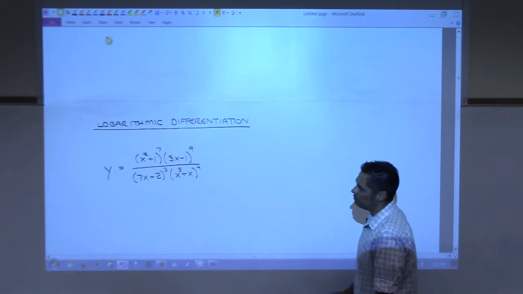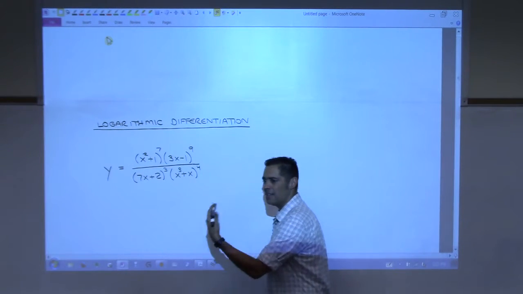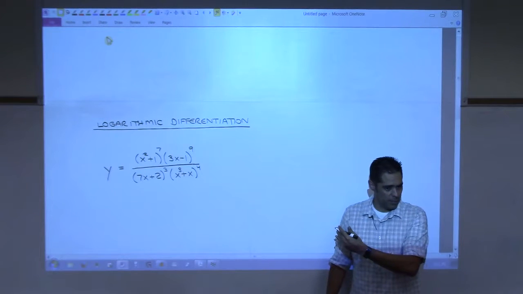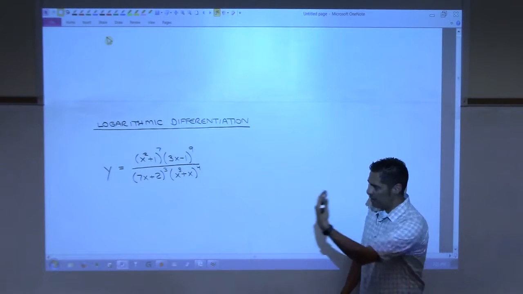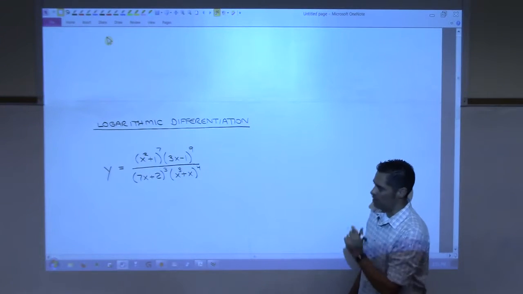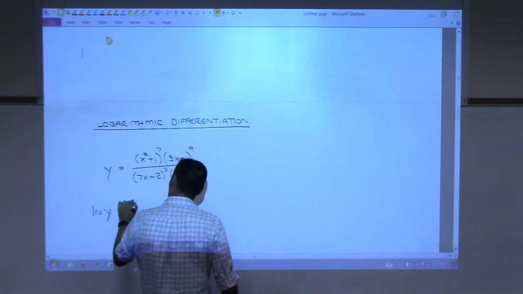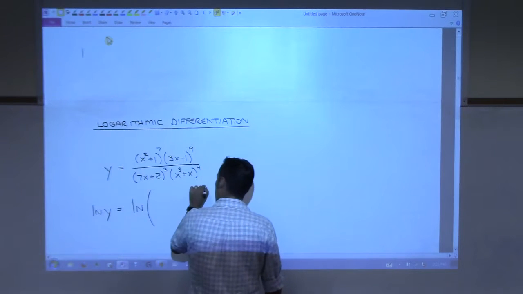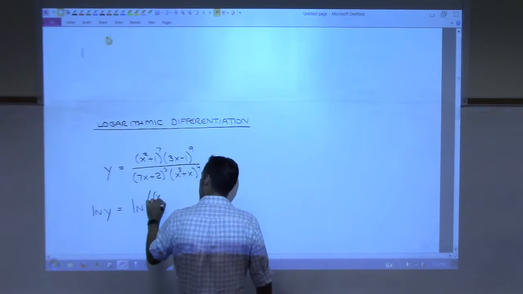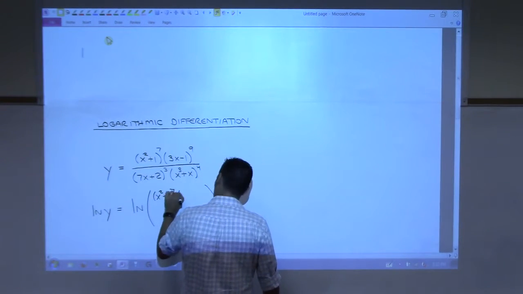What I'm going to do is take the natural log on both sides of the equation. Just take natural log of the left side, natural log of the right side. So the natural log of the left side and the natural log of this big hunk of junk. Is that because you can now split that up into each separate column?